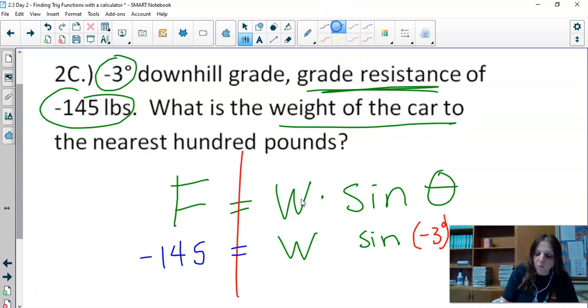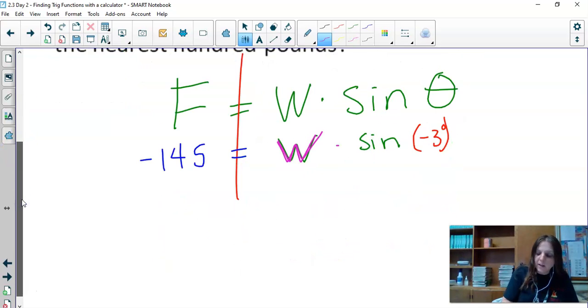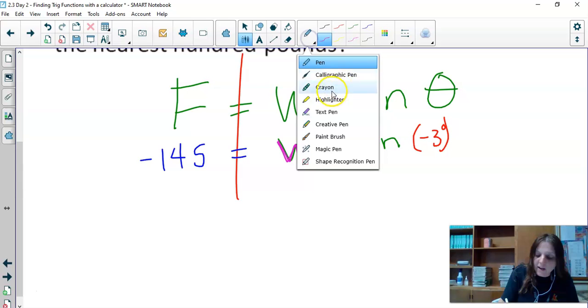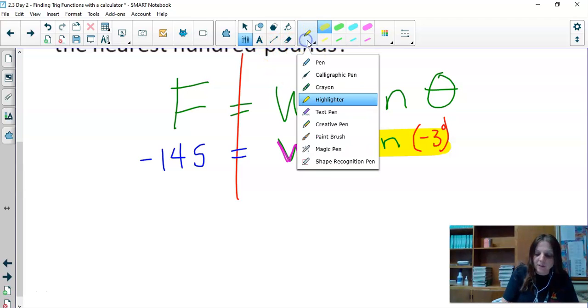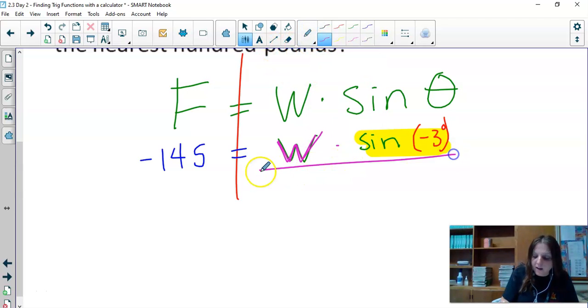Okay, so what we're trying to do is get the W by itself. And these are multiplied together. So again, think about this sine of -3 as a complete thing, like a unit. These are together. So if I want to get the W by itself, I'm going to have to divide by sine of -3.